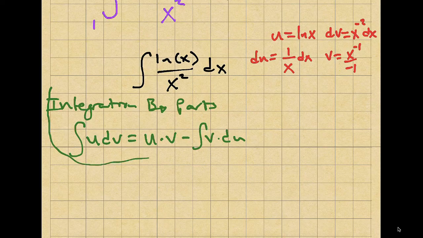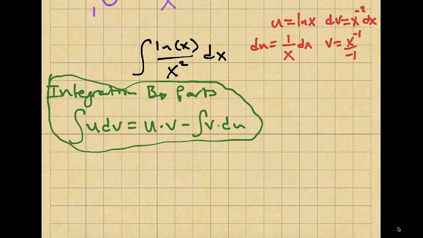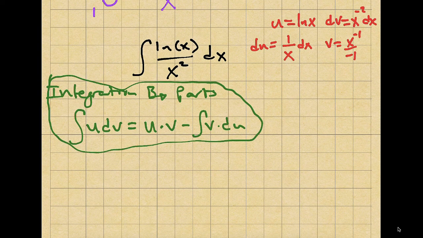So this is on your notes. This is on the formula sheet. That's the way we're going to rewrite that integral that's written in black. We're going to rewrite it using our values for u and dv.